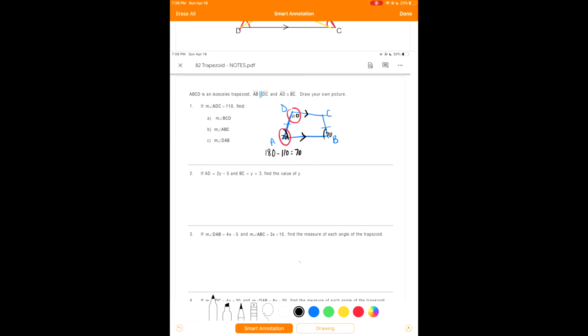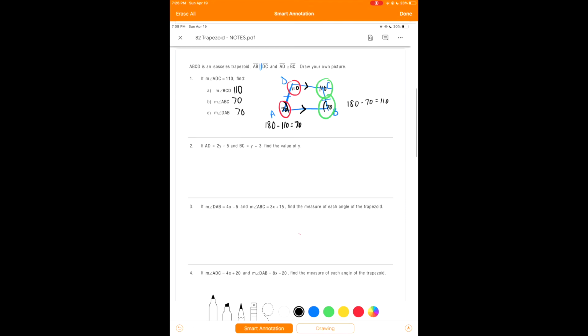And then up here for angle C, I know that C and B have to add up to 180. So C is going to be 180 minus 70, which gives me 110. So BCD is going to be 110, ABC is going to be 70, and DAB is going to be 70.